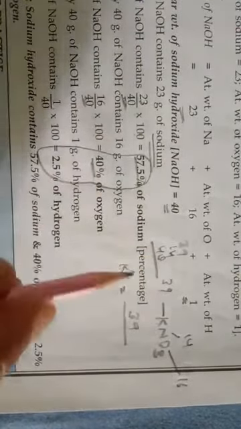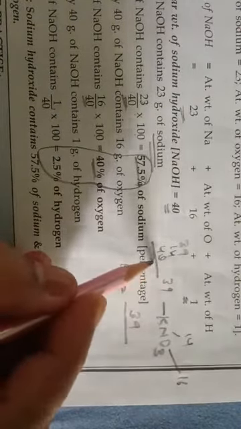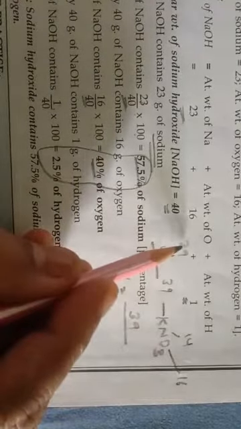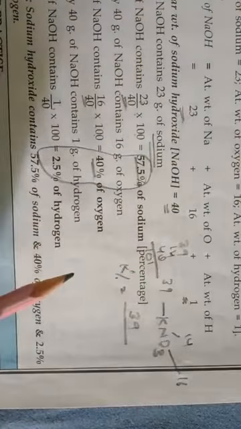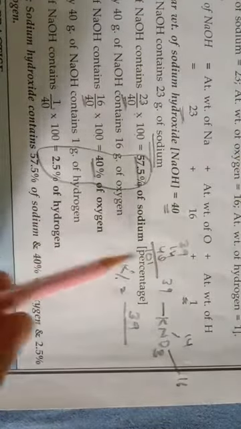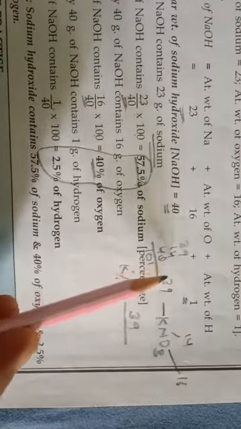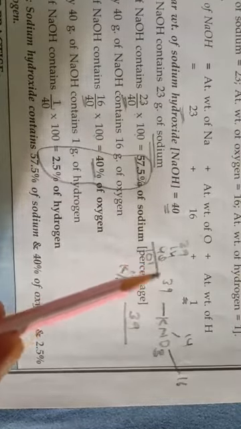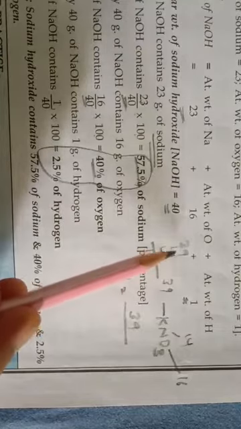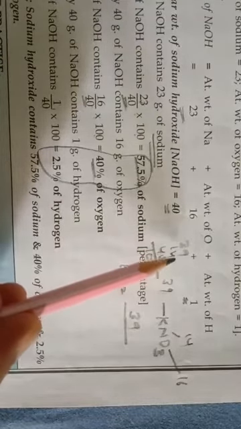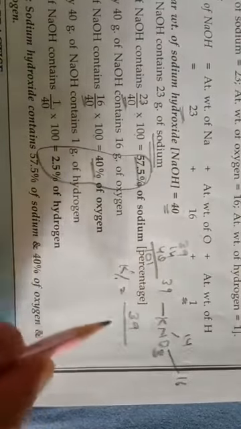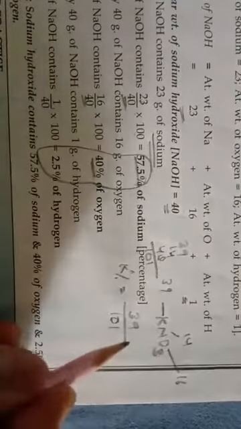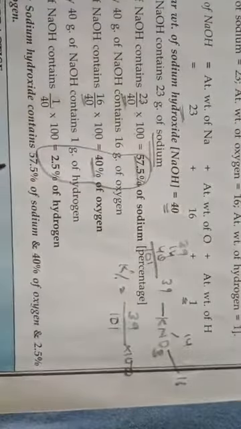So add these three values: 101. 101 is there, children. Okay, so 39 upon 101 into 100.